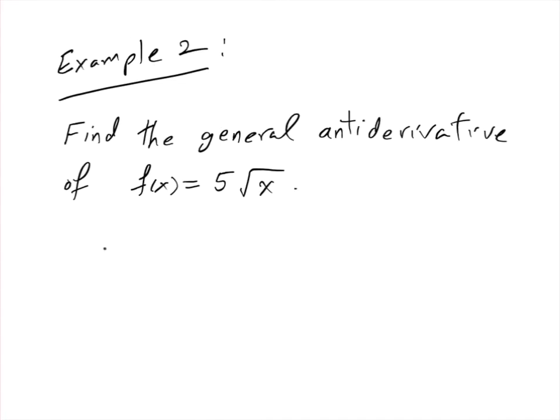For this I can write f of x as a power. So it's 5 times x to the half. Now you see something about the notation here.